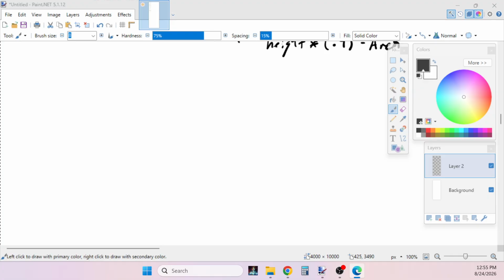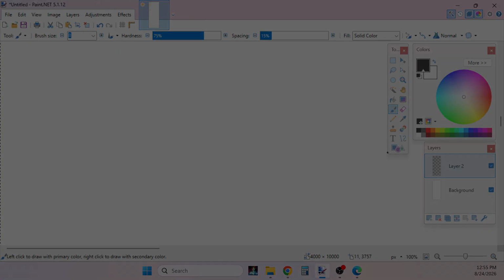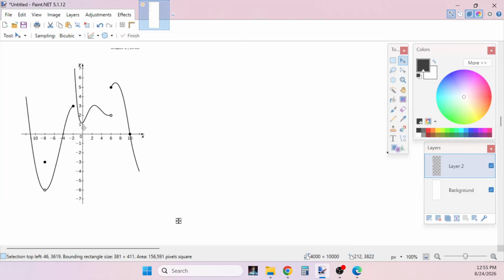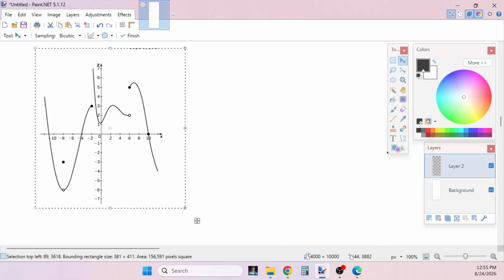Okay, so let's look at section 2. The directions for problems 46 to 49: we're going to look at a graph, and then we're going to compute some limits.